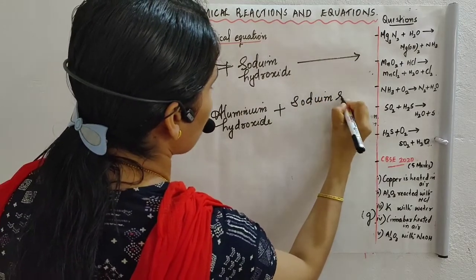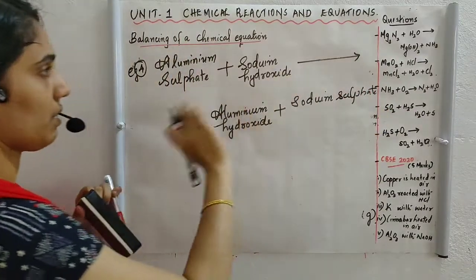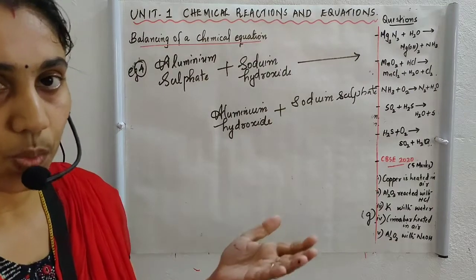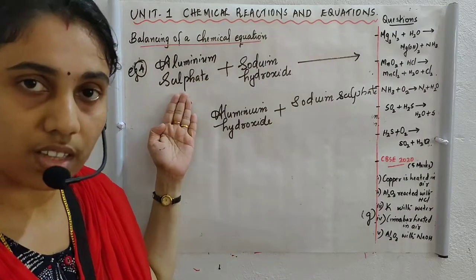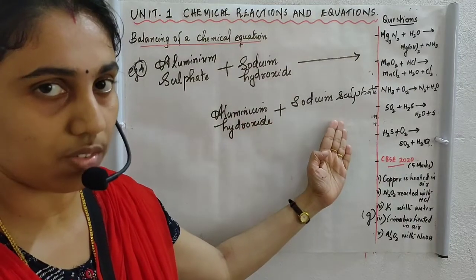So a sentence is given. For simplicity I have written the word equation itself. The reaction is given in sentence form like this: aluminium sulfate reacts with sodium hydroxide to form aluminium hydroxide and sodium sulfate.